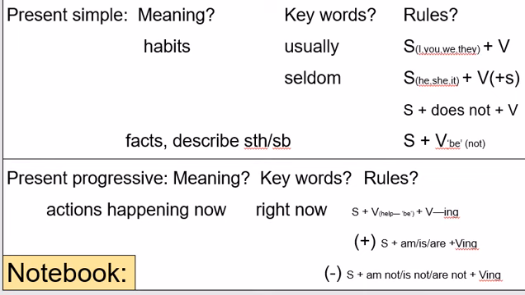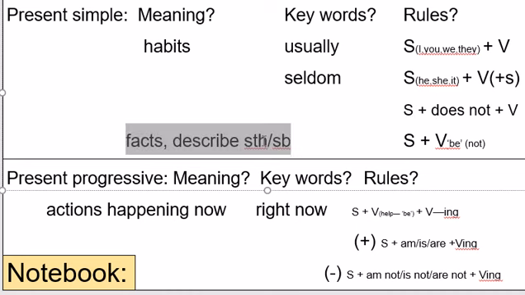We say I go, you go, we go, they go shopping, okay? Negative, we use helper verb do, so do not rather. So she does not, I do not, okay? And then if you are describing someone, you're going to use verb be instead of action verb. So verb be, you could say, I am late. She is late. You are not late.